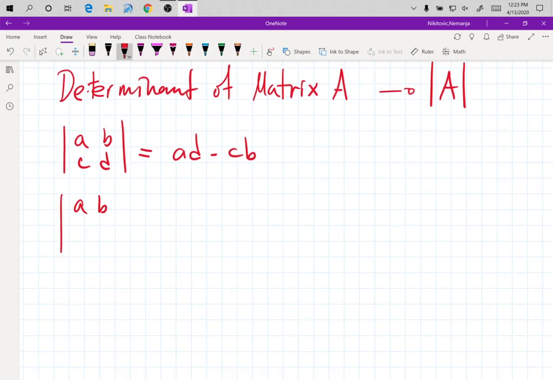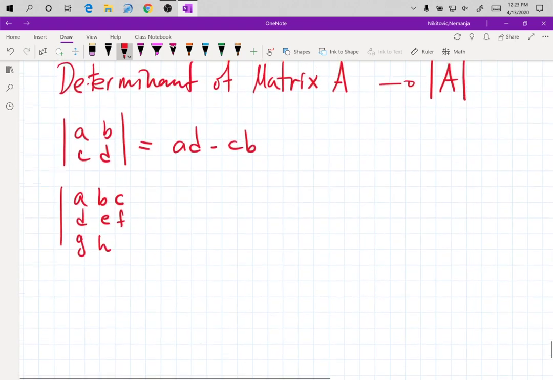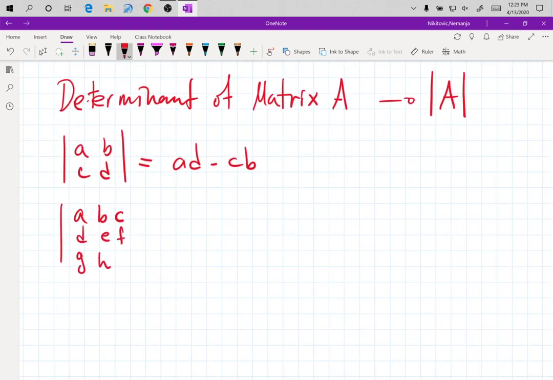For 3 by 3, I don't want to confuse the letter with the counters, so I don't want to use I, J, K, M, and N. Let's use letter P.